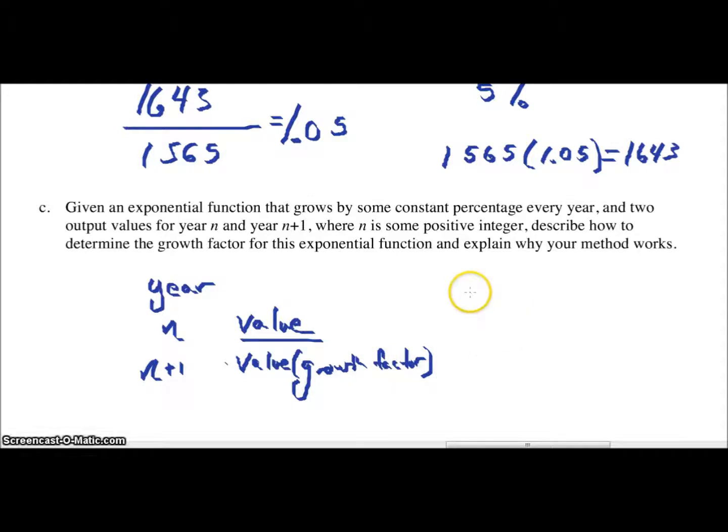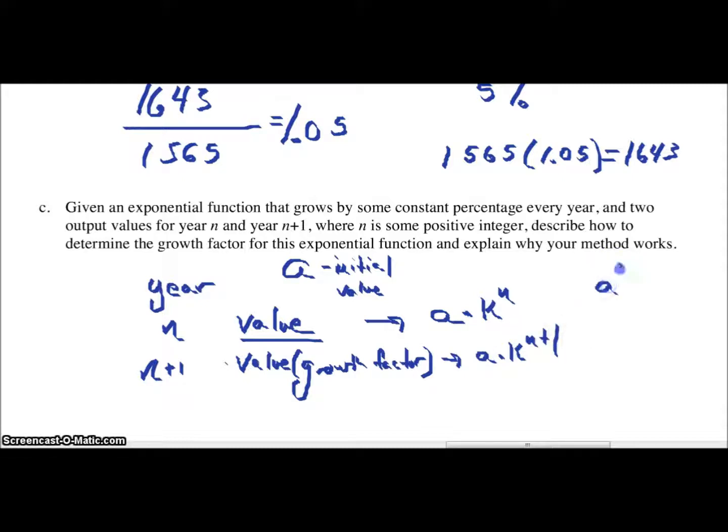I really like to look at it mathematically. Let's say that a is the initial value. Then for year n, we'll have a times our growth factor. Let's call that k to the n. And then for this year, we'll have a times k to the n plus 1.